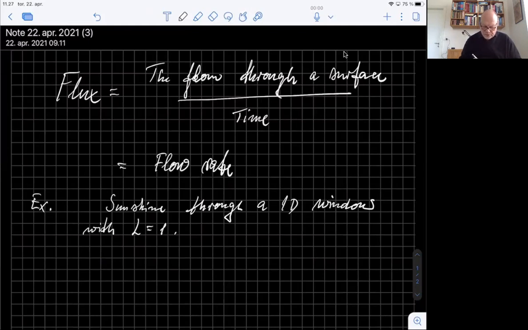And first, we think that this window is at the equator, so the sun rises at 6 o'clock in the morning. And we look at it at 6 o'clock.